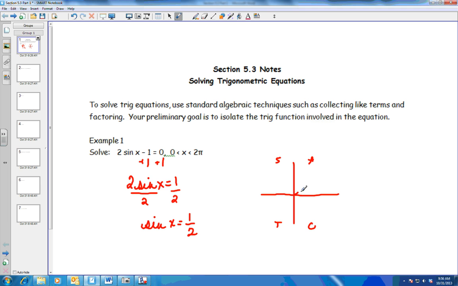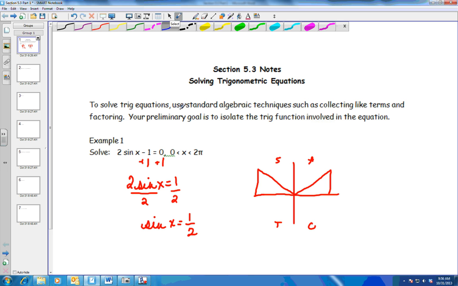So I'm going to draw my triangles in these two quadrants. Okay, we also know that sine is my y value over my hypotenuse, or opposite over hypotenuse. So if this is my angle right here, opposite is 1, hypotenuse is 2. If this is my angle, opposite is 1, hypotenuse is 2.